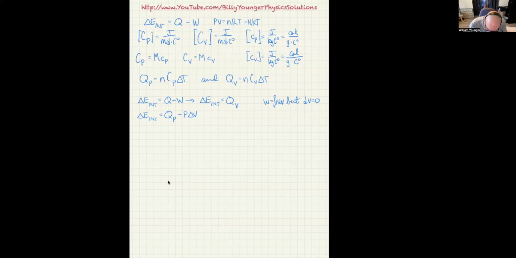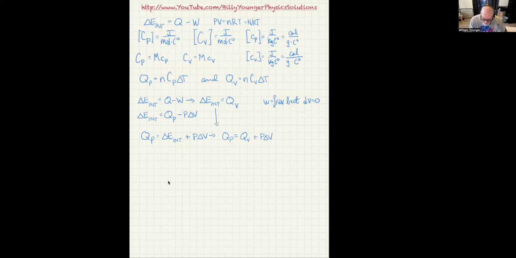If I solve the second equation for Q_P, I would say Q_P is equal to delta E internal, and then pulling the P delta V to the other side, I end up with a plus P delta V. We can also take the equation for delta E internal for constant volume and replace delta E internal with it. So if I combine these two equations, I get Q_P is equal to Q_V plus P delta V.